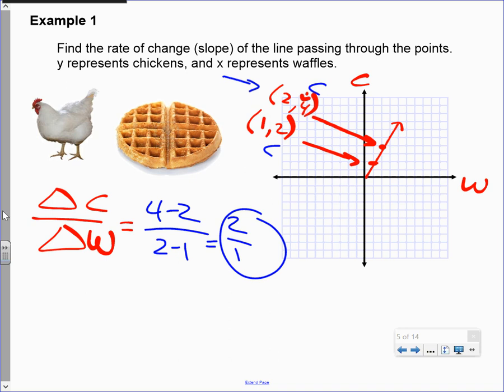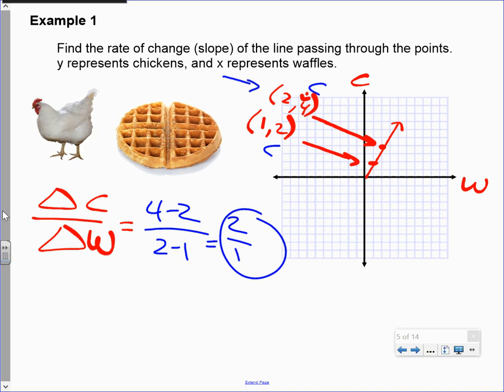That's the slope. But 2 over 1, what does it mean in this situation of someone eating or someone throwing away chickens or someone cooking? What does it mean here? Or what's a more sophisticated way of saying a rate?